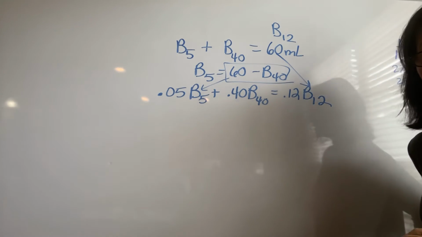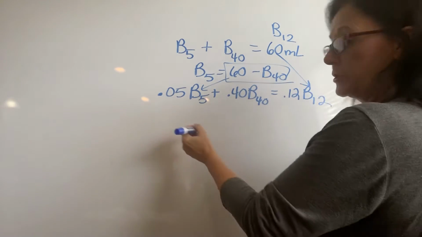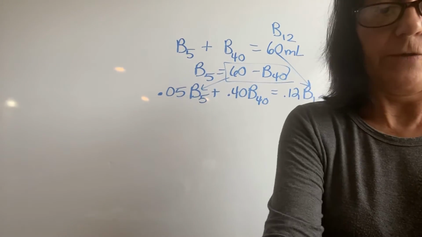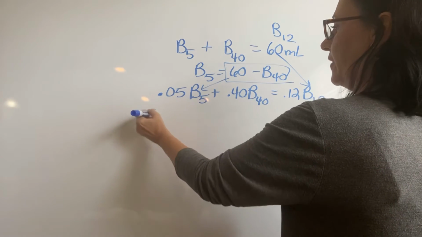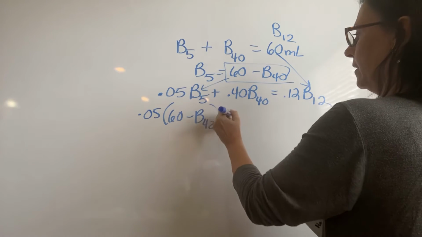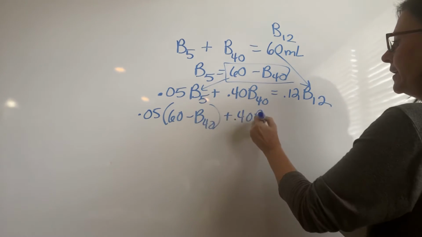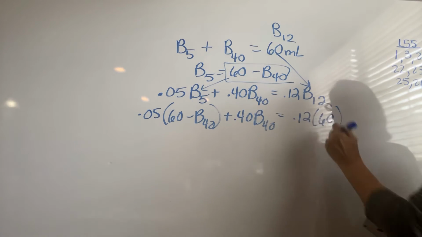We want 60 milliliters. We'll substitute that in. You end up with one variable, which makes this equation solvable. All right, so 0.05 times 60 minus B40 plus 0.40 B40 equals 0.12 times 60.